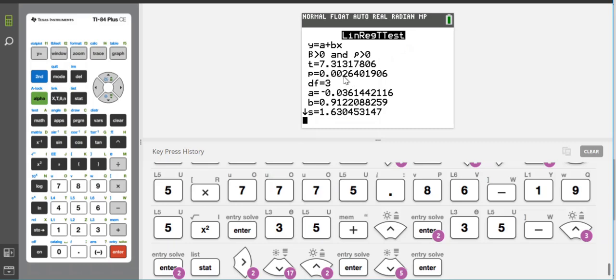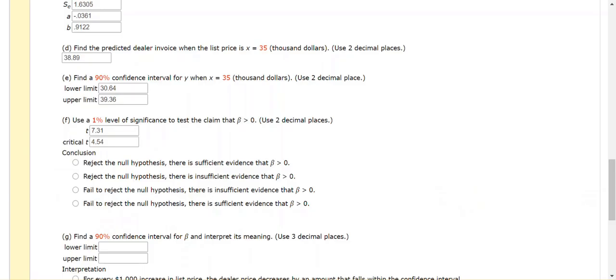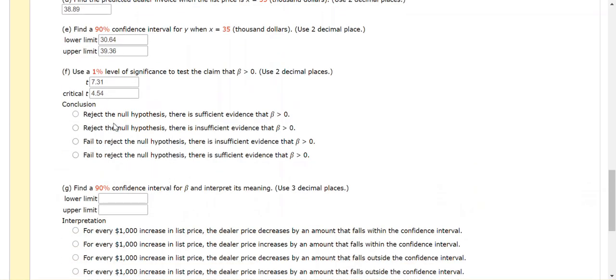So 0.2% is smaller than 1%, right? So I reject it because it's small, and when I reject it because it's small, I choose the alternative hypothesis. So I am going to reject the null hypothesis, and there is sufficient evidence that the slope is bigger than 0. That's what this means.